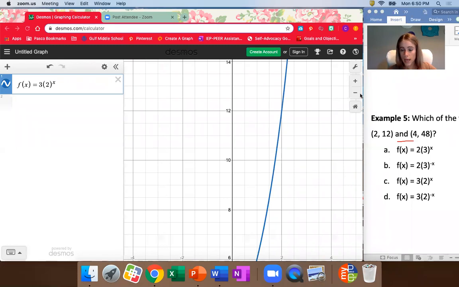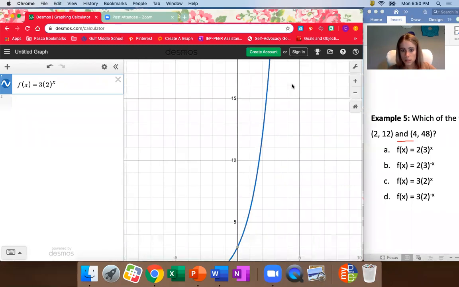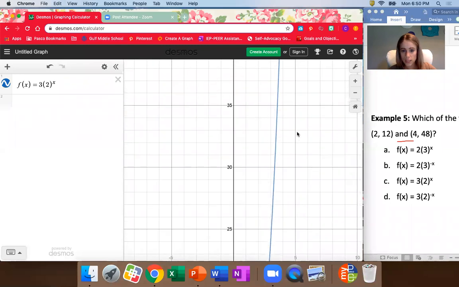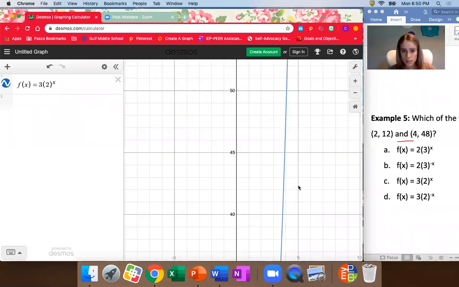So let's zoom out a little bit, drag it up, find that 48. All right, so 45, 46, 47, 48. And let's see, was it 4 on the x? Ah, right there, (4, 48). So this equation, option C, does go through both ordered pairs, right?